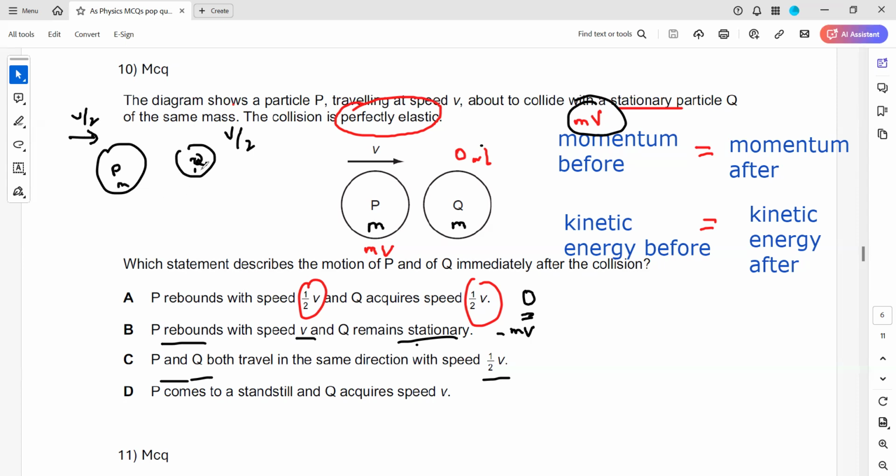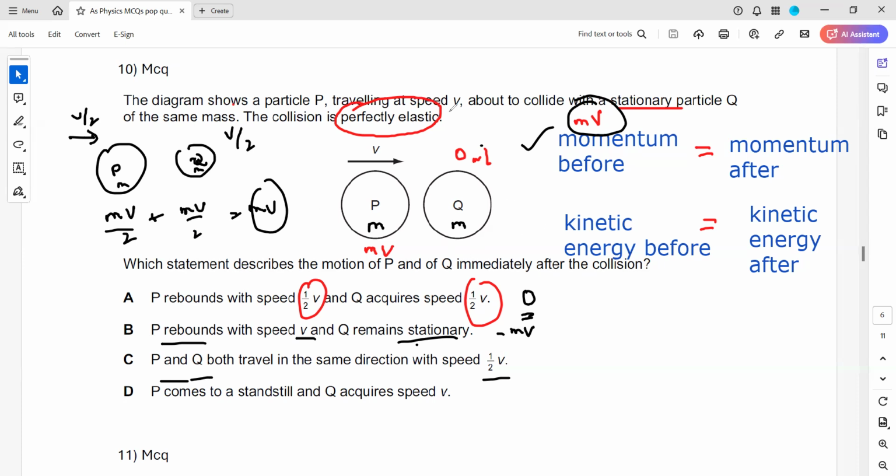The mass is m, the mass is m. So the momentum will be mv by 2 and the momentum here is also mv by 2. So mv by 2 plus mv by 2 equals mv. So the momentum is conserved. That's the first condition which is fulfilled.